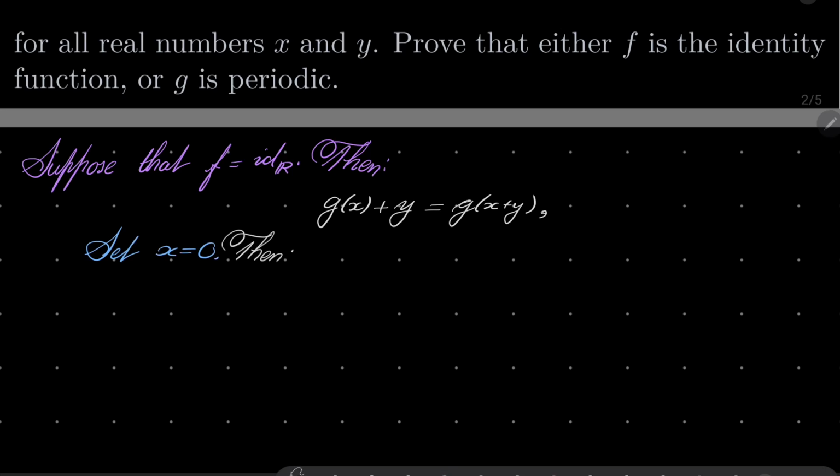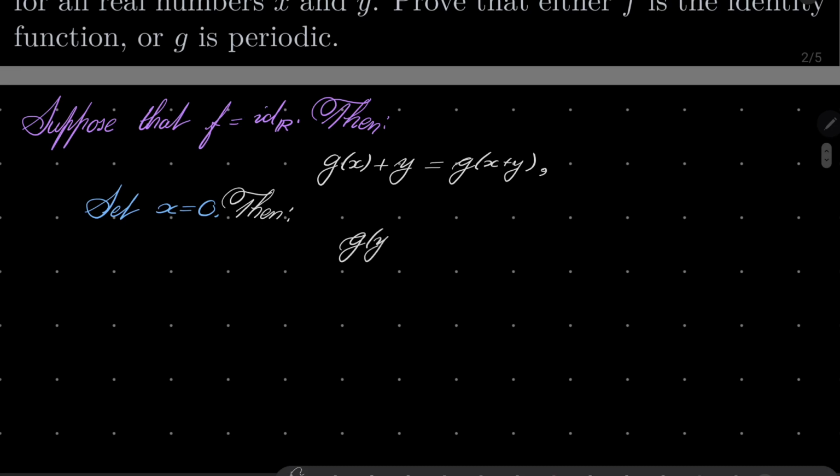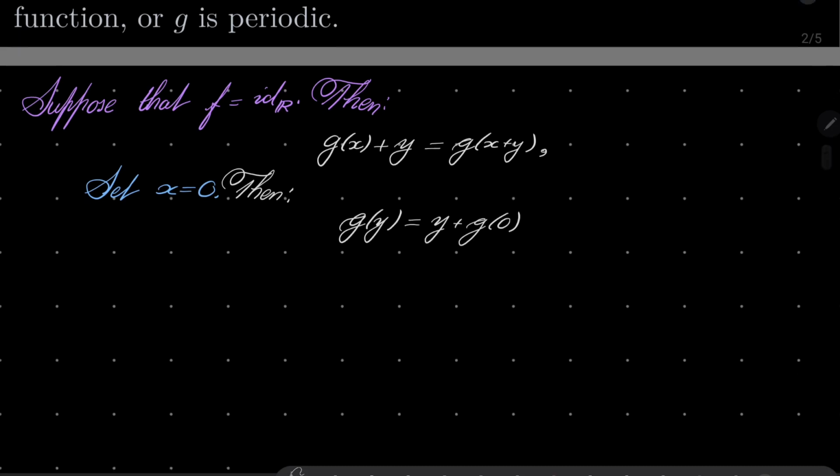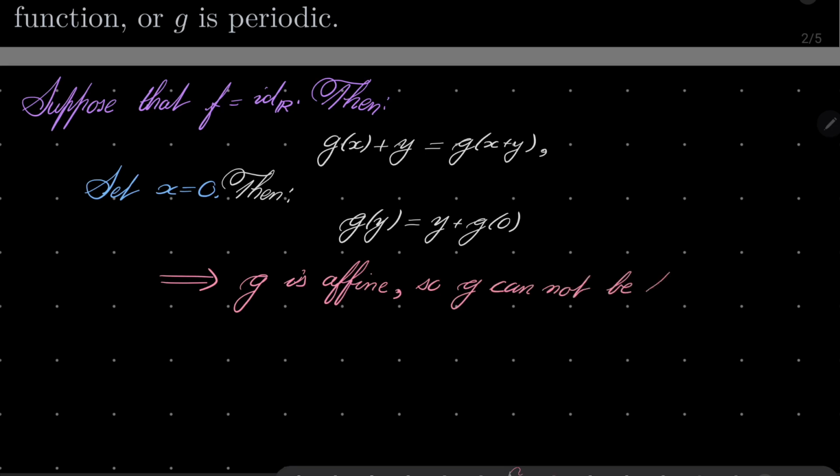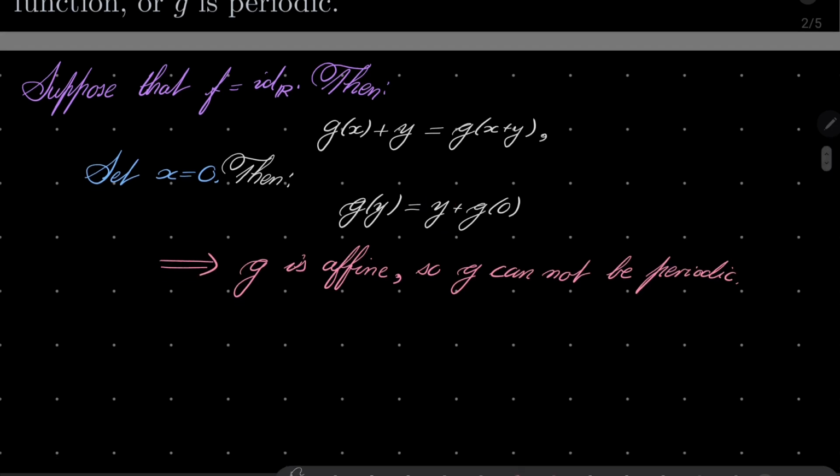Then we have g(y) equals y plus g(0), which means that g is affine, and an affine function cannot be periodic. So g cannot be periodic, because it's not constant, yes? A constant function is periodic, but this function is obviously not constant. So that's done. Now let's drop our assumption. We are not assuming anything.